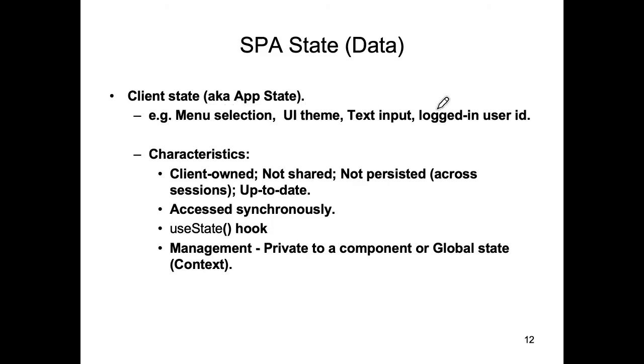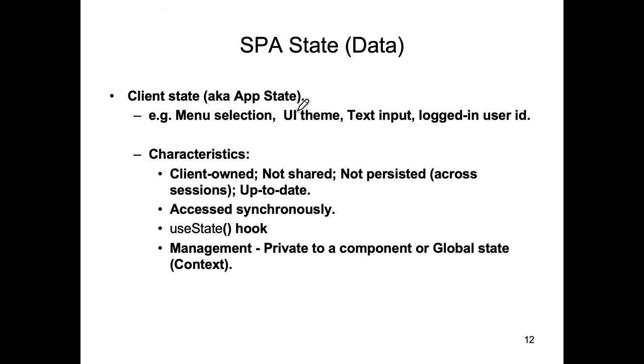If there's a user that has to log into the app, then each instance of the app will have its own logged in user data, but that will be private to each instance of the client. The UI theme: maybe your React app allows the user, once they log in, to change the look and feel of the app, maybe the dark background versus light background.